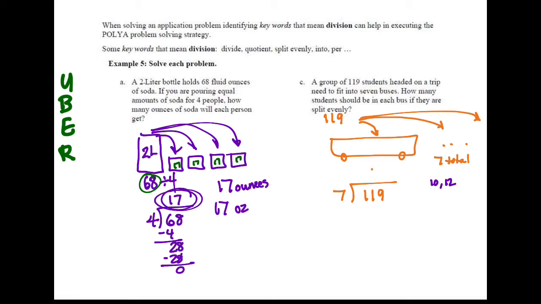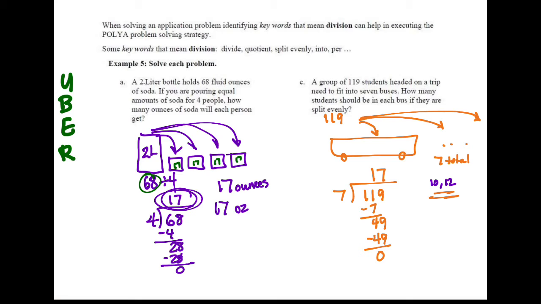Okay, so possible 10 or 12. 7 goes into 11 once. Subtract, you get 4. Bring down the 9. 7 goes into 49 7 times evenly. Okay, so is 17 close to 10 or 12? Not really. If I would have gotten 170, it would be way off, but 17 is close enough when we're doing division.